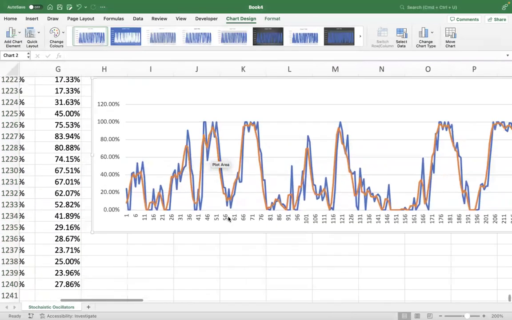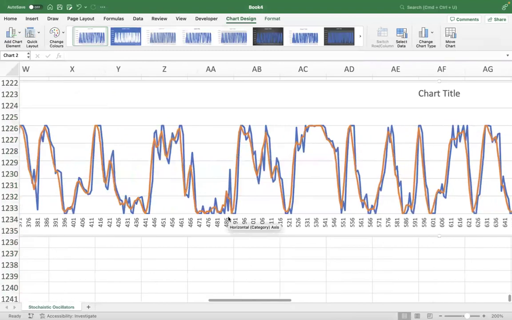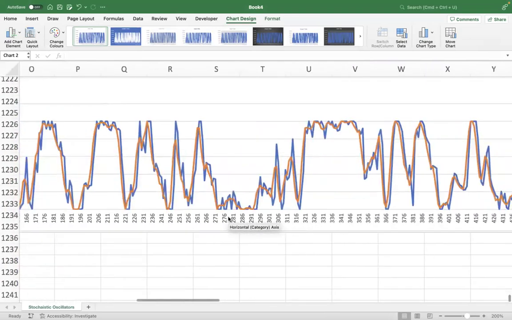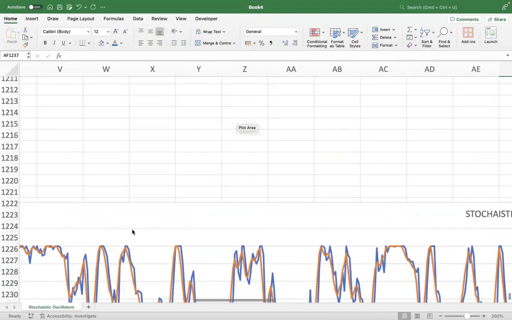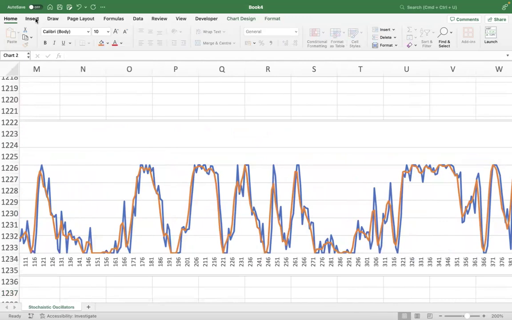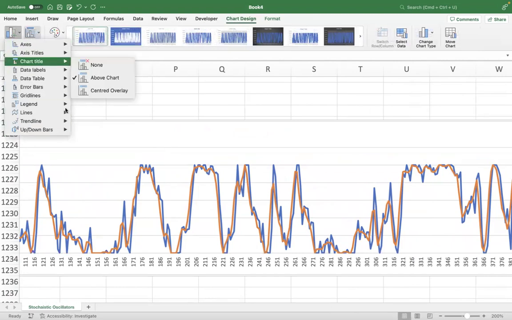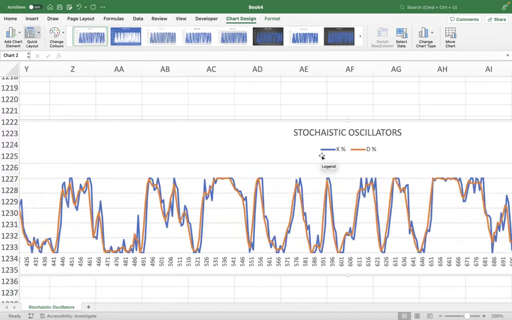So this is your K and D. We can also add a legend which will explain the K and the D line. So you will see that this is your K and D.